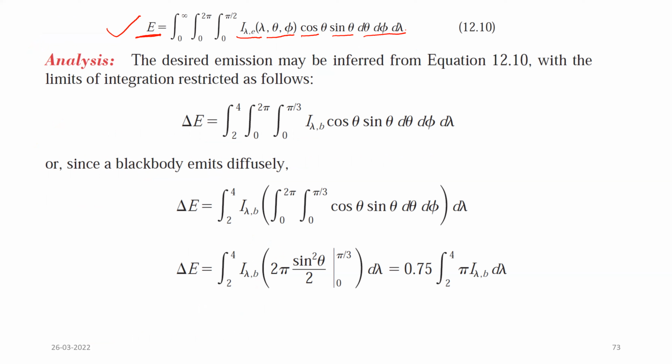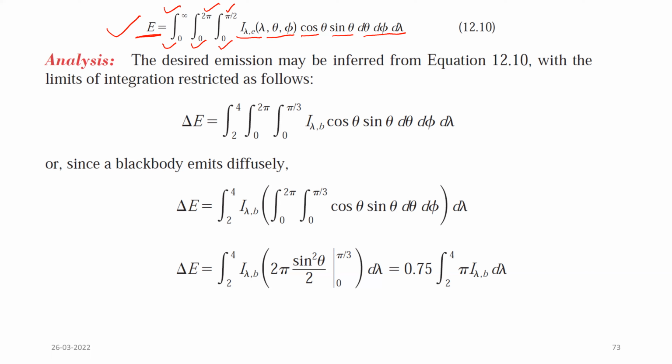This equation shows that the energy is emitted over the whole range of wavelength, from 0 to infinity, and here the angle phi is from 0 to 2 pi, and the angle theta is from 0 to pi by 2. So this value gives us the emission from a particular surface in the total theta direction as well as the phi direction.